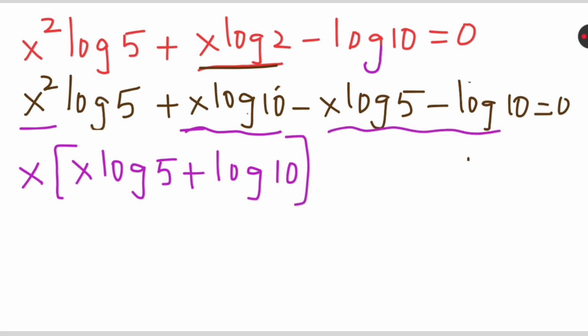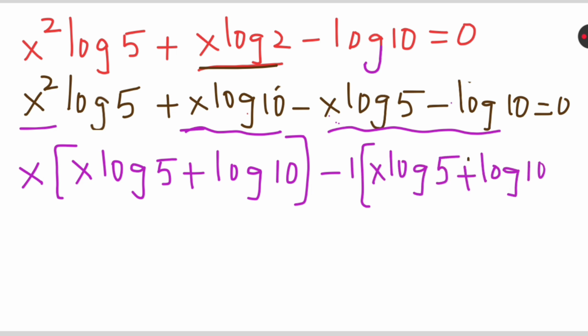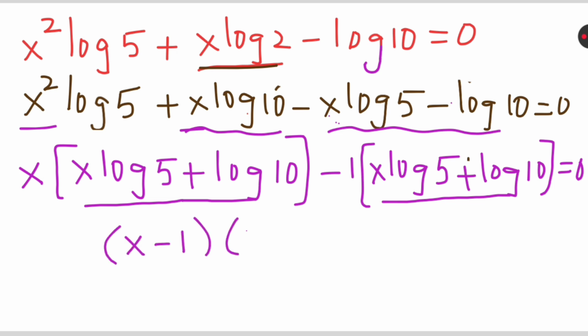From these two terms, if you take 1 as common, then you will be left with x log 5 plus log 10, that is equal to 0. So here x log 5 plus log 10, take x log 5 plus log 10 as common, so you are left with only x minus 1 times x log 5 plus log 10, that is equal to 0.